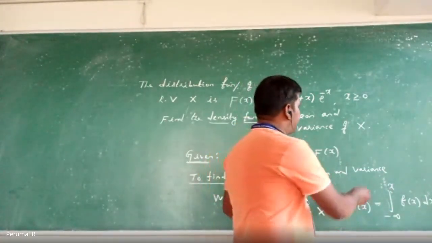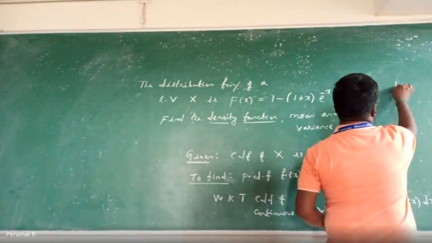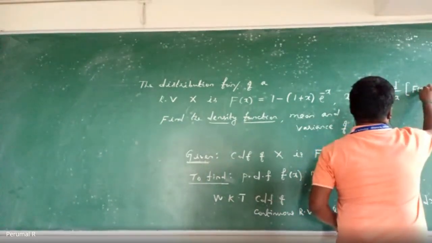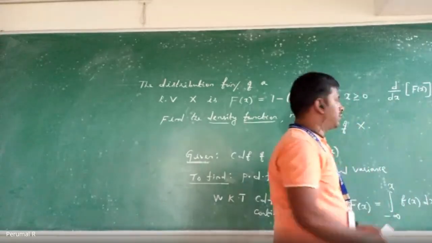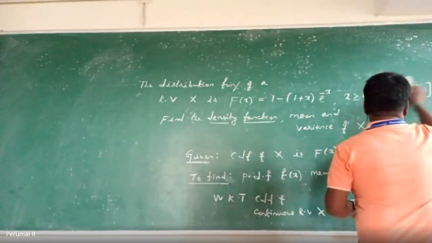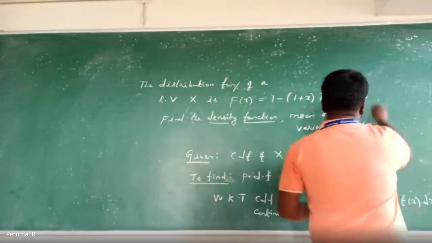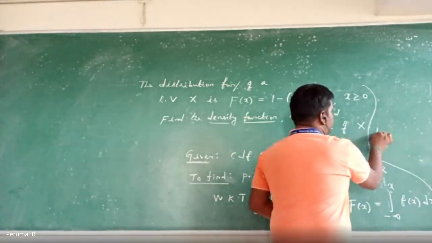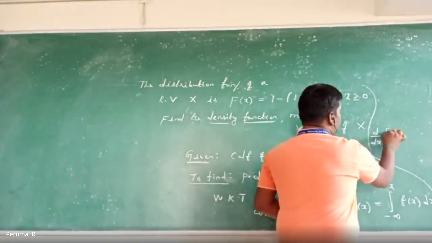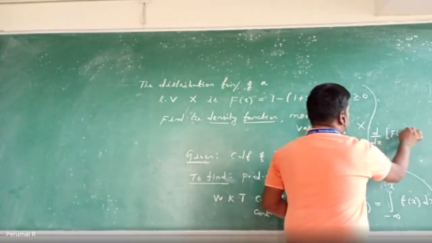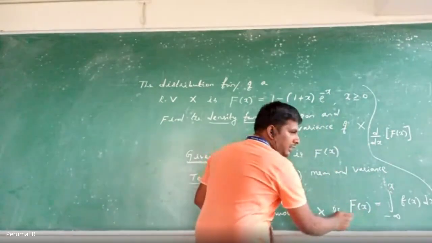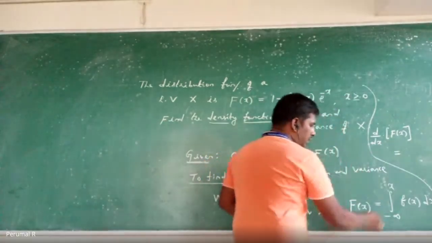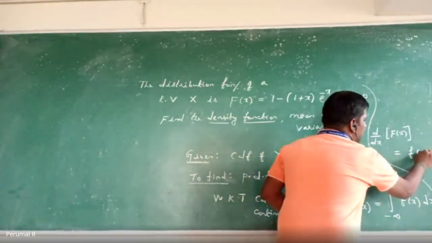Now we are differentiating both sides, that means d by dx of capital F of x. I'll write this side. d by dx of capital F of x is nothing but small f of x.